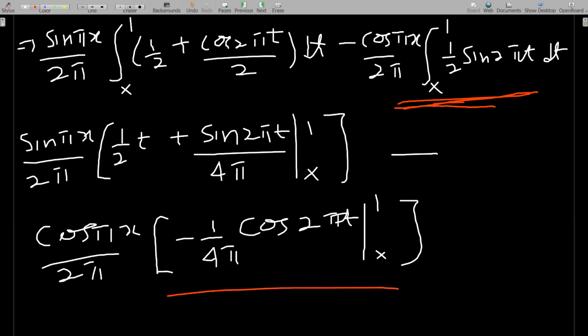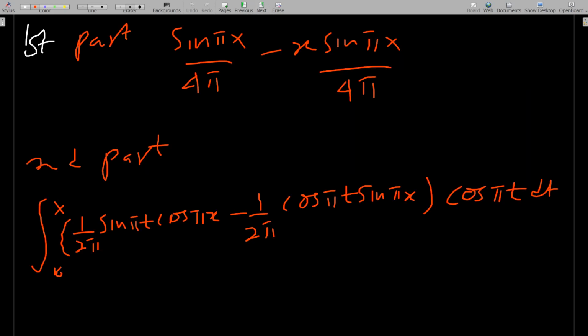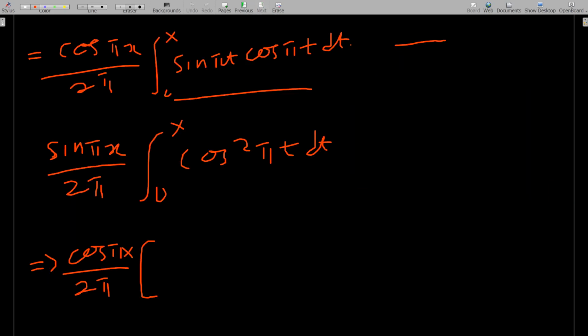Okay, so I'm going to copy this, just 1 over 4 pi cos 2 pi t. Then the limits will just change. Okay, so I have minus. It's minus actually. Okay, so I have minus 1 over 4 pi.